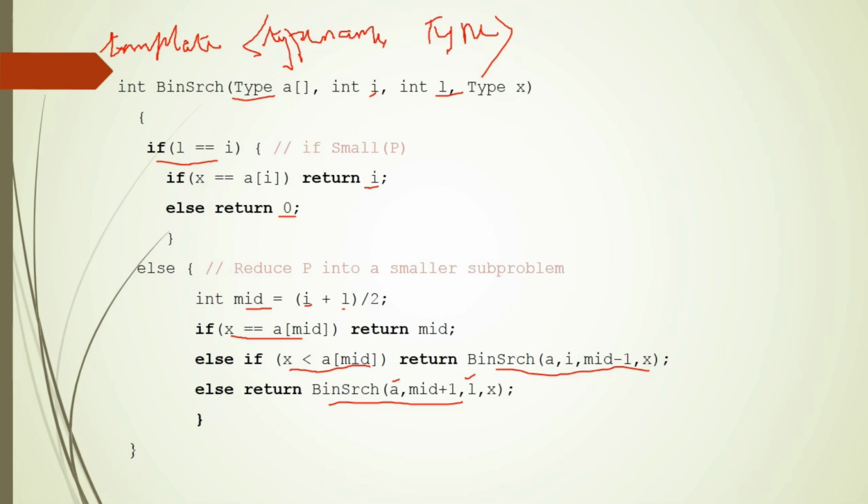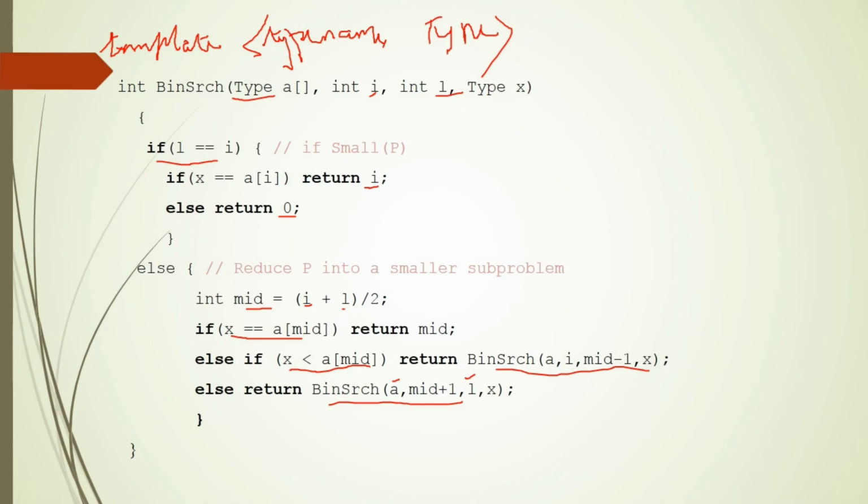Here we are given the generic type name as type. How are we going to give this type? There are two methods, either by using typedef or by using template. Template is the keyword.